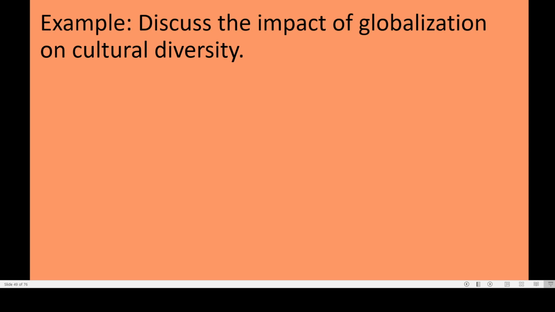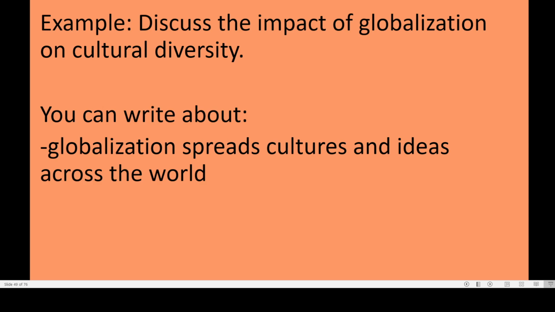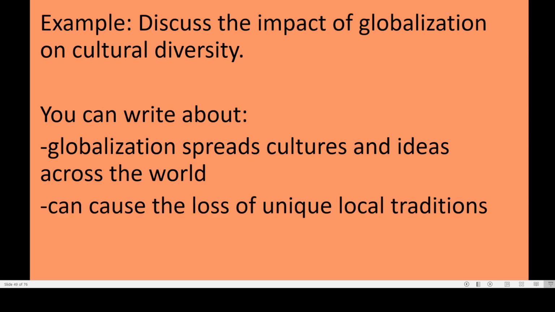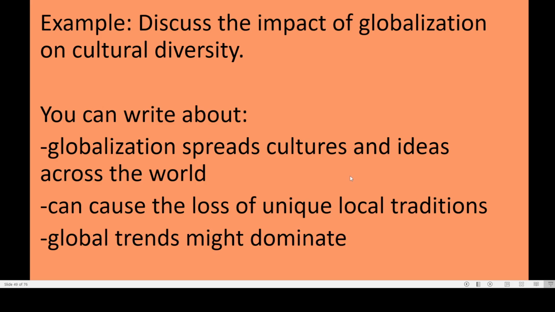So we're going to take a big, wide topic and think about the pieces. So just for example, you can write about, well, globalization spreads cultures and ideas. And maybe an impact, right? An effect. An impact would be an effect. So causes the loss of local traditions. And the global ideas might become more powerful than local traditions.